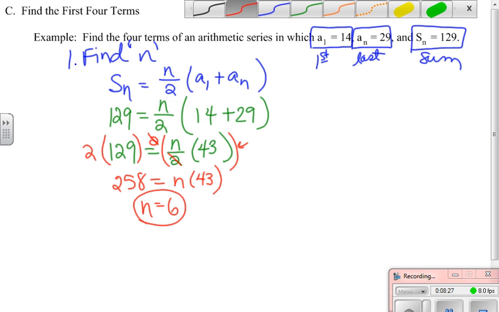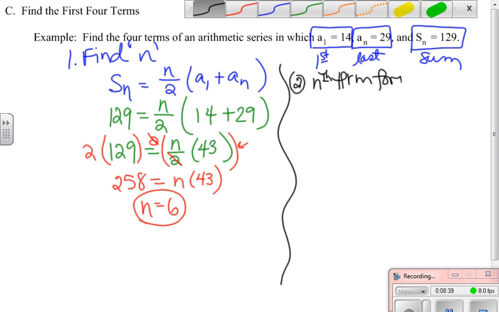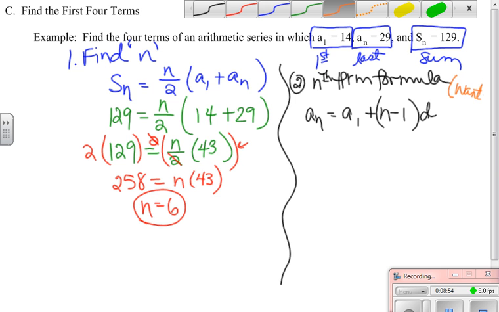Once I know n, then I go to step 2, my nth term formula from 11.1, which says that a of n is equal to a1 plus n minus 1 times d, because what I really want at this point is d.